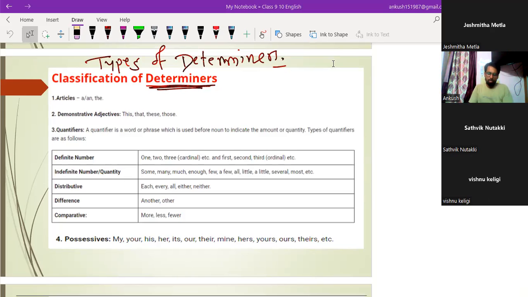Now we have seen already the characteristics and the definition of determiners. Now it is time to understand the types of determiners used in English grammar, as it is a very important topic and is prescribed in the syllabus of 9th and 10th standard by the CBSE board.